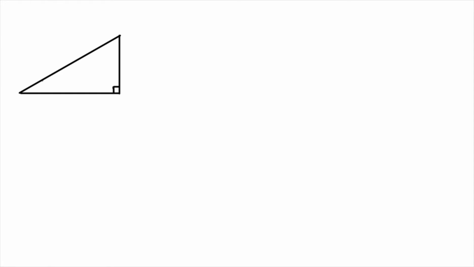To start, let's mark the angle theta right here, and then label all sides with initials of their names called the hypotenuse, adjacent, and opposite sides respectively. Keep in mind that theta is always included between the adjacent side and the hypotenuse or longest side, and the opposite is always located on, well, the opposite side of theta.